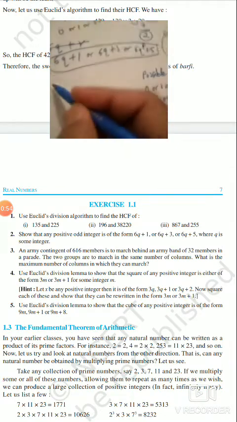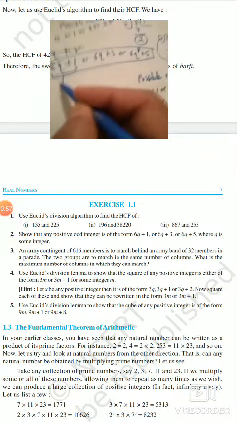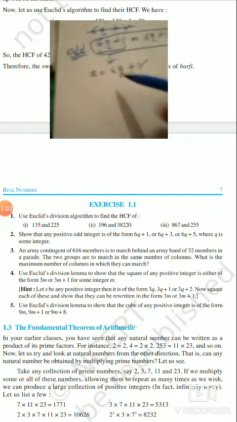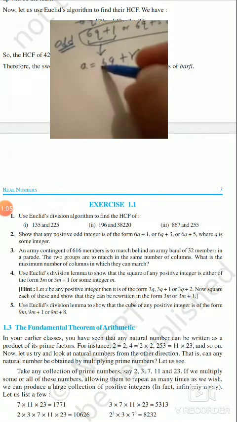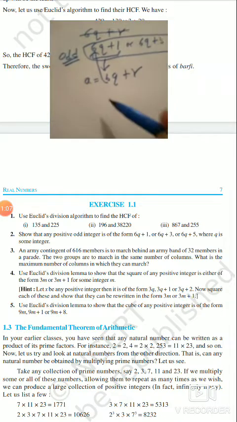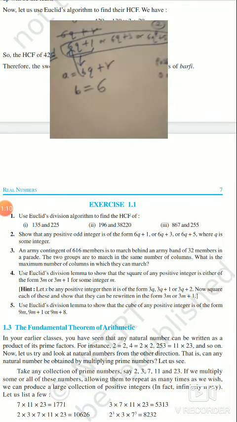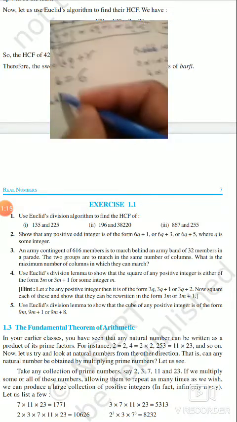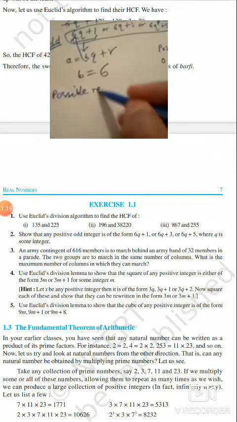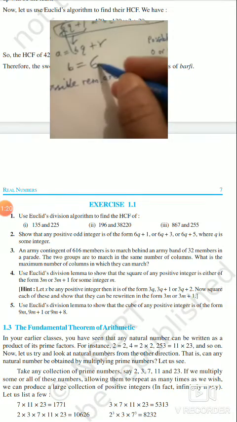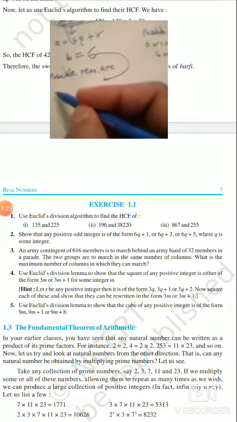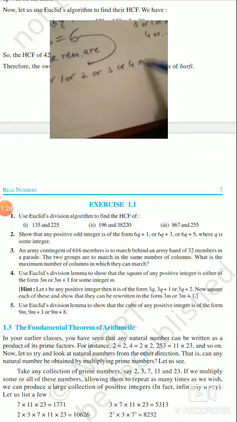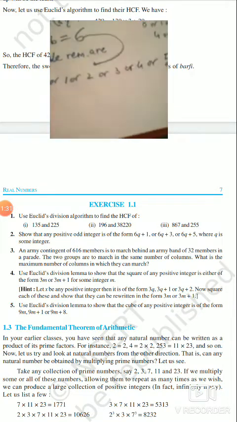If I compare with Euclid's algorithm, this is A equal to BQ plus R. So by comparing, you can see B is 6. And if B is 6, possible remainders are less than 6, meaning 0 or 1 or 2 or 3 or 4 or 5.